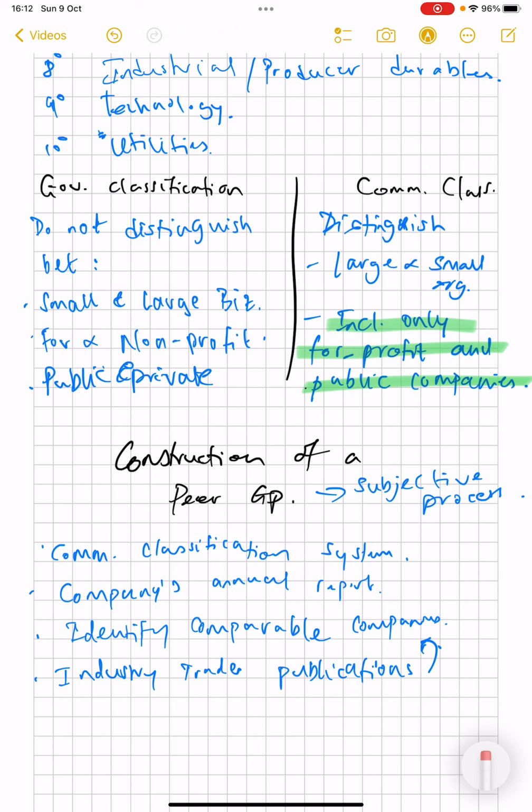We've seen the life cycle stage already. Industry.